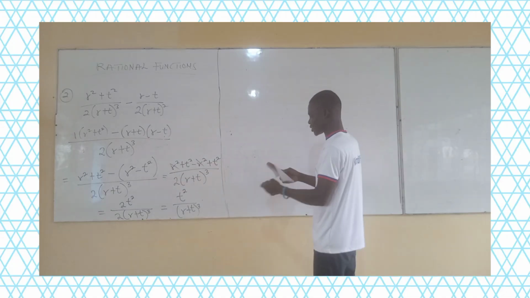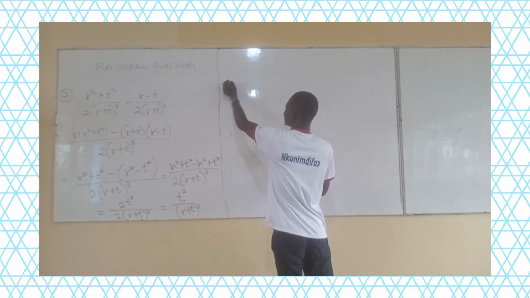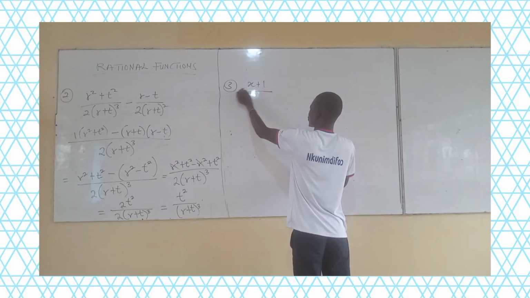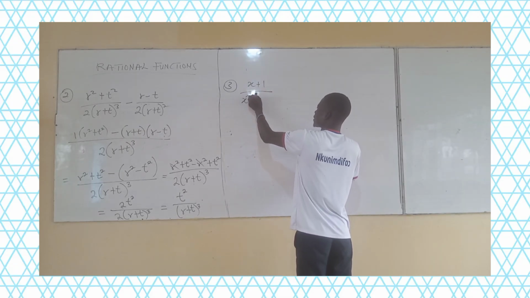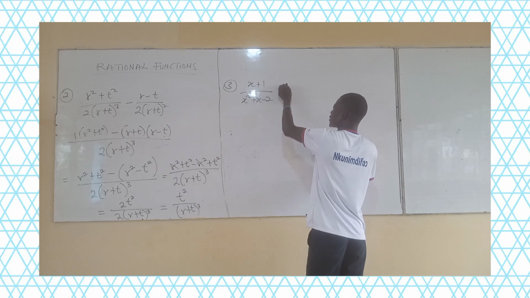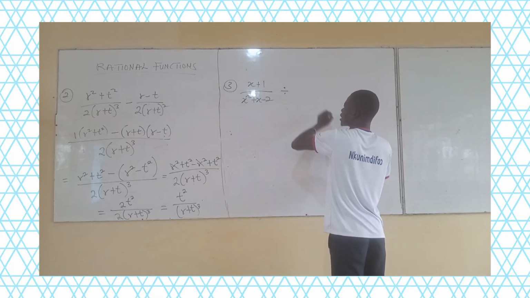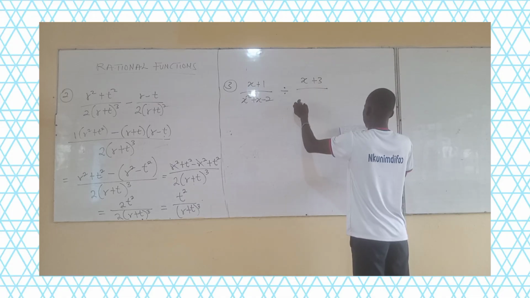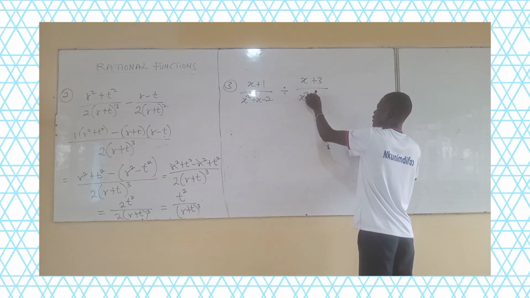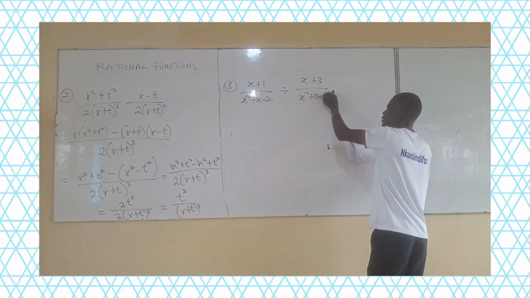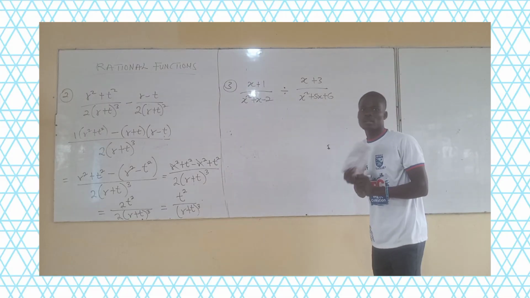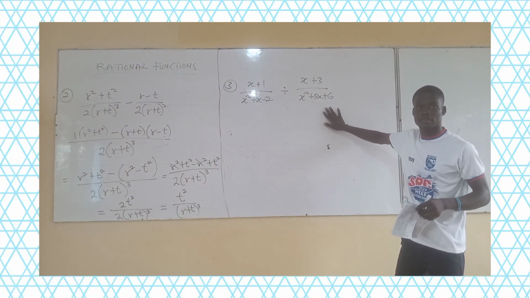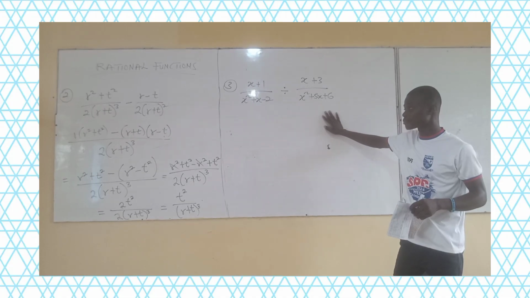So problem number 3: we have to simplify x plus 1 over x squared plus x minus 2, divided by, this is our division sign, x plus 3 over x squared plus 5x plus 6. So we have to simplify this question. Now let's take our time and simplify this question very well.